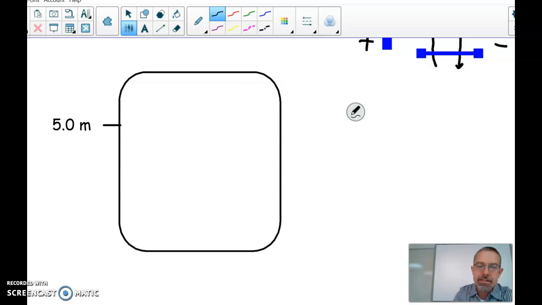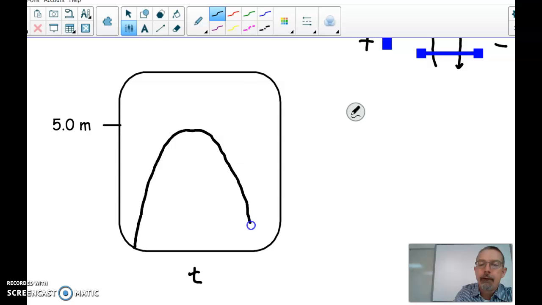So let's say we've got a displacement versus time graph, and I throw an object up over time, and I throw an object up to the 5 meter mark. Your graph will be parabolic. And you've learned about those in math, okay? And that means that the halfway point right here is going to be when you're at your maximum, which makes sense.